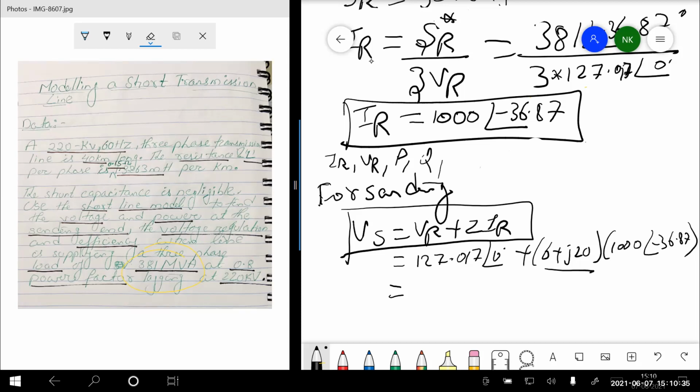Just a minute. Complex, j20 plus 1000, 7.